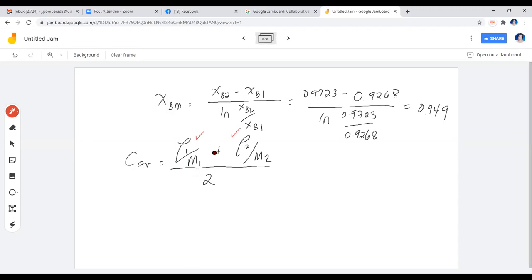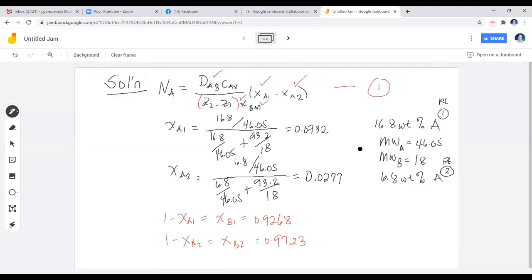Now we need to determine the molecular weights, the average molecular weights at point 1 and point 2. If it's the average molecular weight, we know that molecular weight is mass over the moles, and it will go back to our original assumption of the mass of our solutions here.